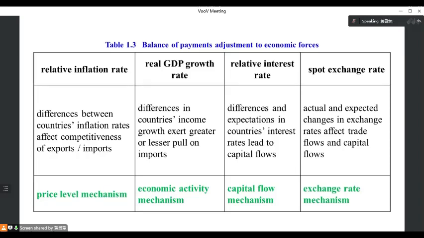So this item, spot exchange rate, we can regard as the exchange rate mechanism.